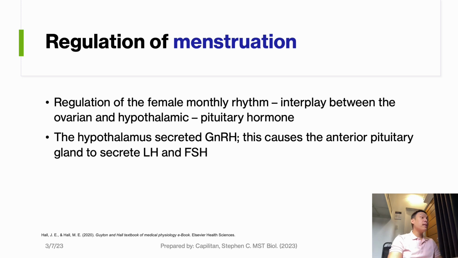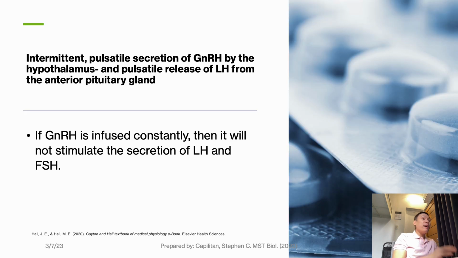Menstruation is regulated by an interplay of ovarian and hypothalamic-pituitary hormones. The hypothalamus secretes GnRH, causing the anterior pituitary gland to secrete LH and FSH. There is intermittent pulsatile secretion of GnRH by the hypothalamus and pulsatile release of LH from the anterior pituitary gland.